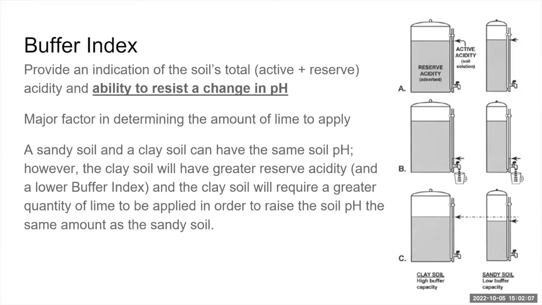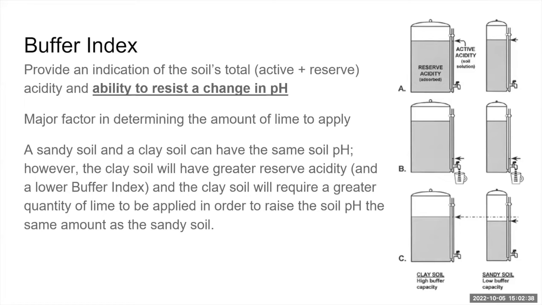And so if you pull just an 8-ounce cup of coffee off of the big reservoir and off of the small reservoir, you will see a change in the level on the tube on the outside. We can think of that as our active acidity. Because the dispenser with the smaller reservoir has less coffee in reserve, you actually see a measurable change.